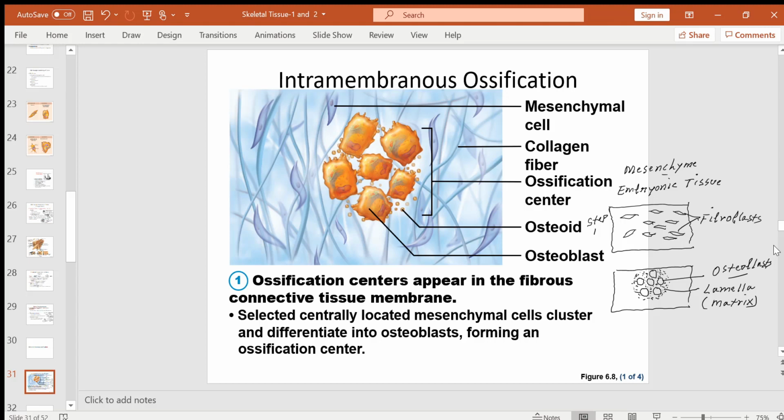The size will get smaller, right? We talked about that before, and will become what? Mature cells, osteocytes. So these osteoblasts will get smaller, will shrink, and will become old or mature cells, osteocytes.